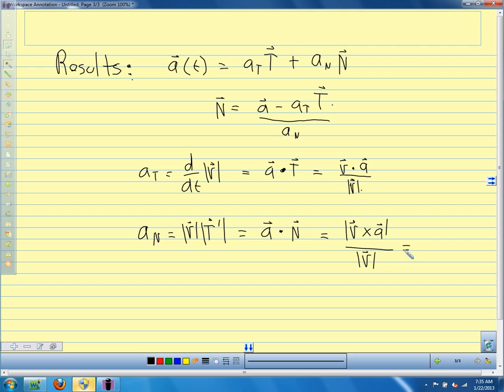And this also equals the square root of the magnitude of the acceleration squared minus a sub t squared.